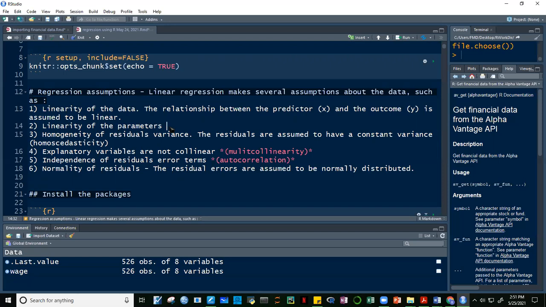Meron tayong error terms. So yung error terms na yan, guys, pag piniplot natin yan, dapat constant siya, constant yung variance. Ibig sabihin, it should not be increasing, or it should not be decreasing, or it should not display a particular pattern. Dapat random lang siya na magulo na walang pattern, tapos dapat constant lang siya, no?